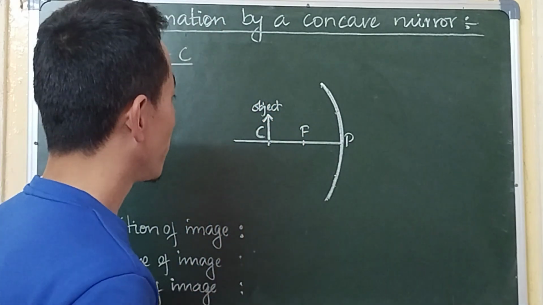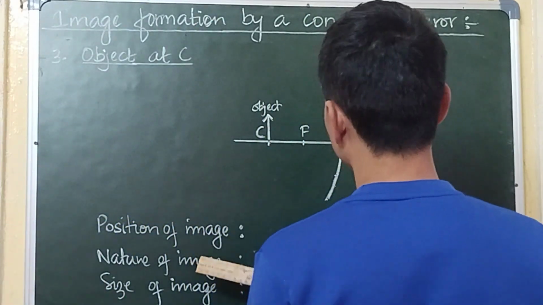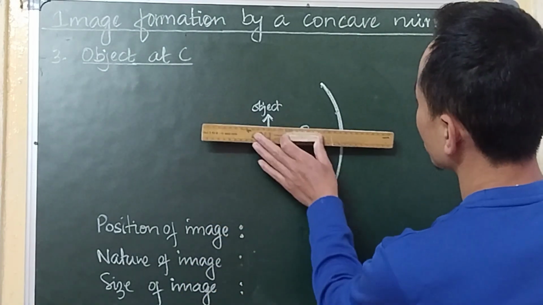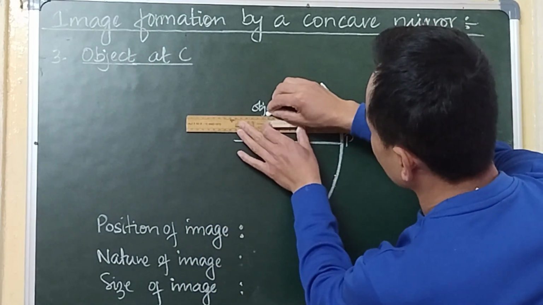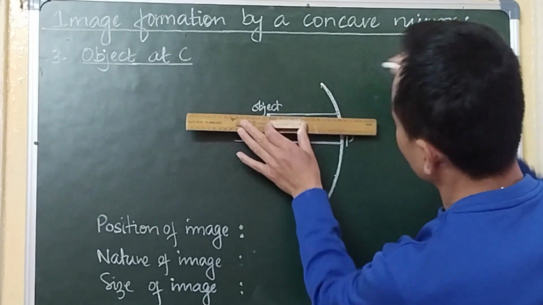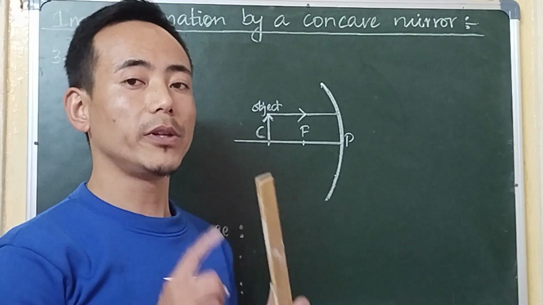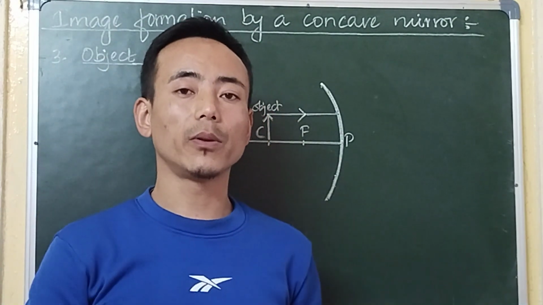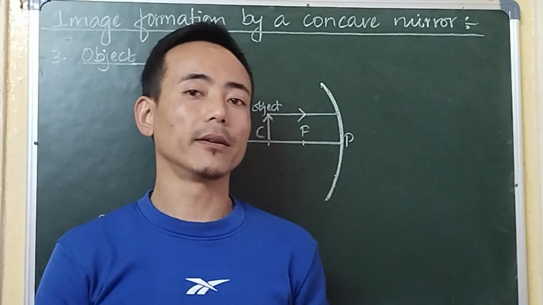So for that, again, we will use the rules that we have learned. So we will use two rules here again. The first rule that we will use is the incident ray which is parallel with the principal axis. So from the object, we need to draw two incident rays, for which there will be two reflected rays, and wherever the reflected rays intersect, we get the image.